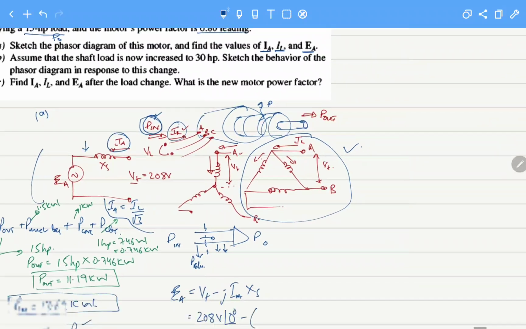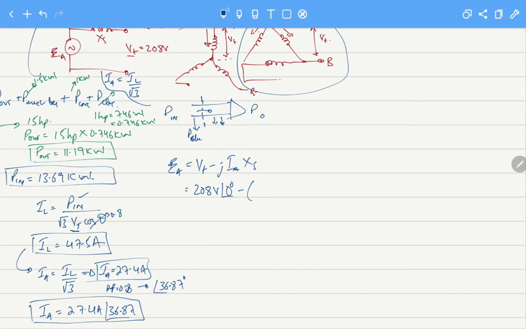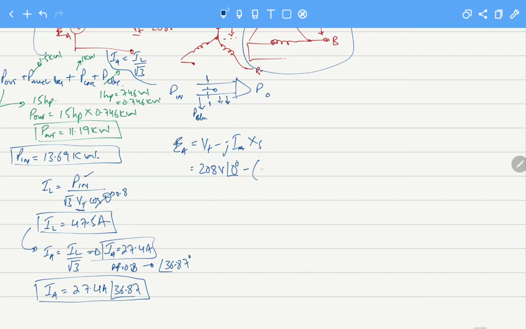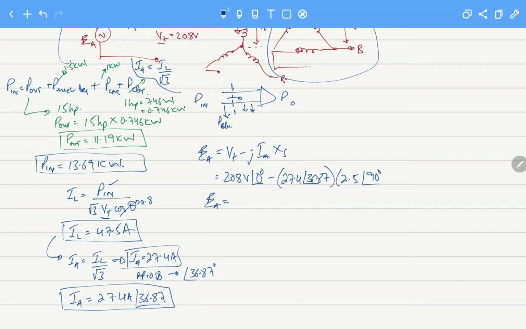So the current is 27.4 angle 36.87, with 2.5 angle 90 degrees. By solving this, finally the value of EA that we will get is 255 with angle minus 12.4 degrees.